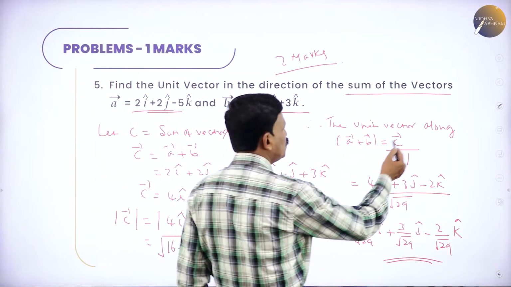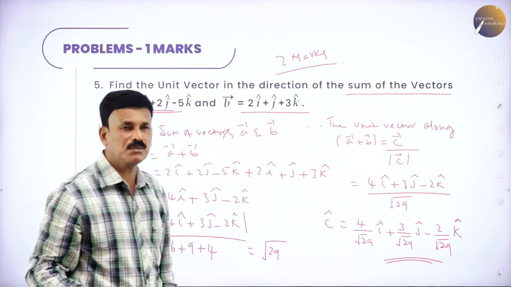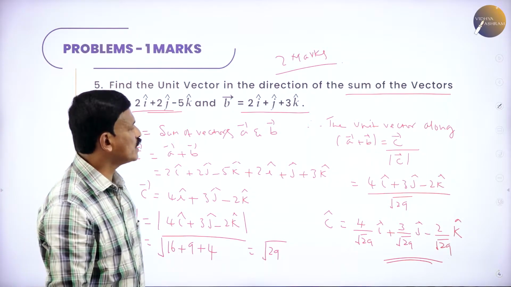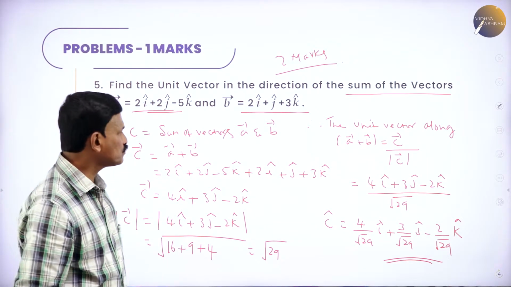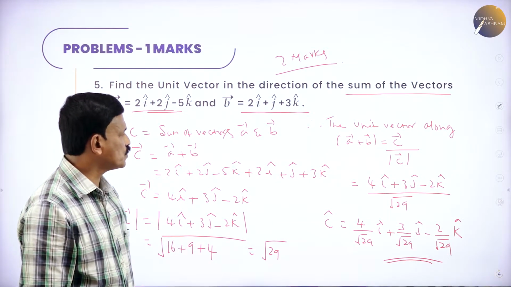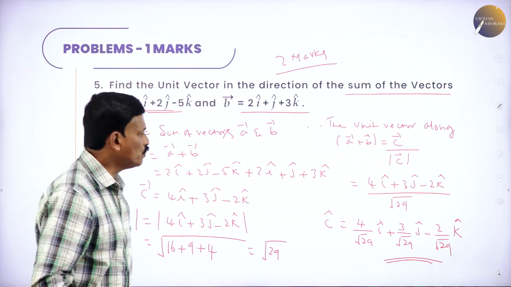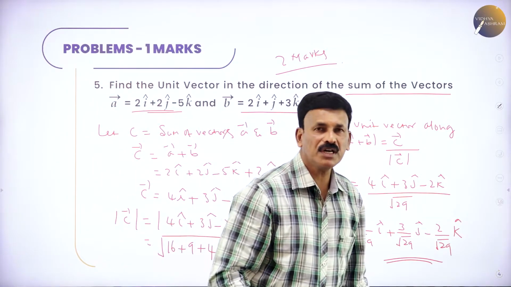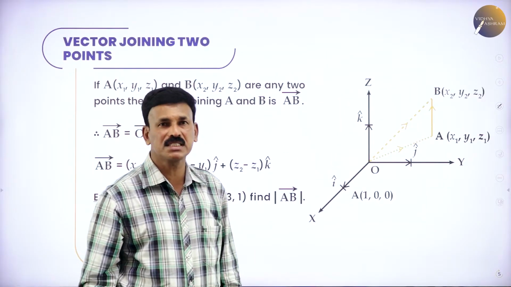Therefore the required unit vector along the sum of the vectors A plus B is given by vector C divided by the length of C, that is 4 by root 29 i plus 3 by root 29 j minus 2 by root 29 k, is the required vector.